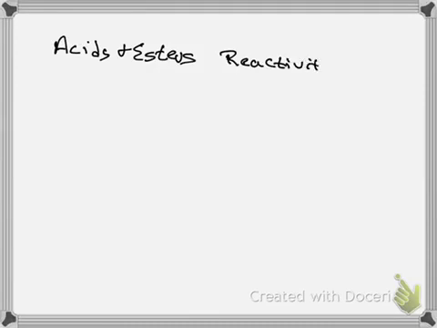And today we're going to be talking about reactions of acids and esters. Now, they have roughly the same reactivity. If you go back and look at the acid derivative chart, which we've done a couple times, and I keep referring you to it, hopefully you'll get a clue that that's important.